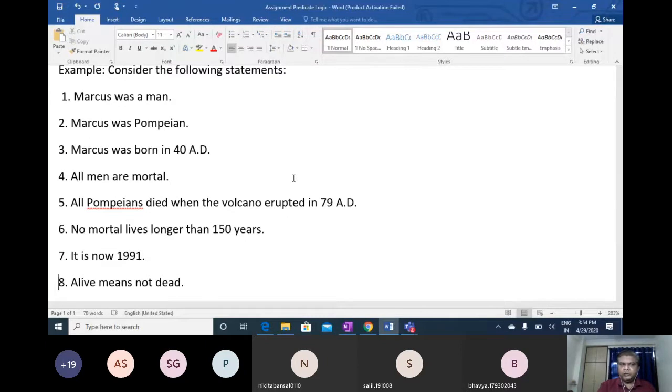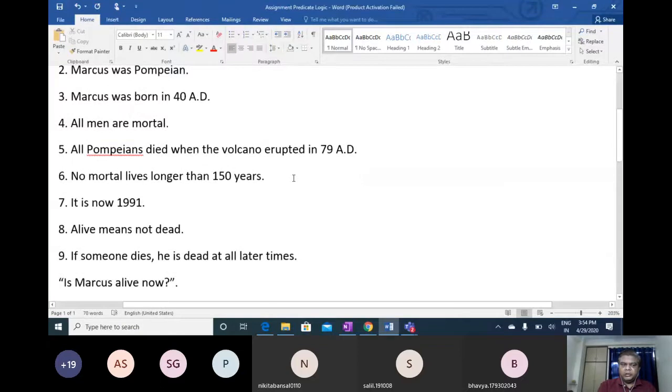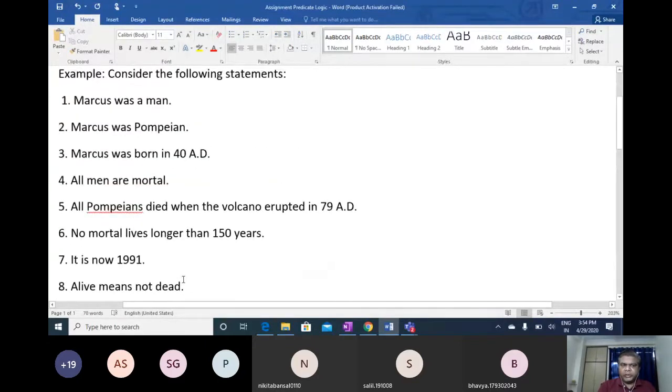Try on your own. Do this practice on your own and try to prove, is Marcus alive now? How can you do that? So first, what are the steps? You can just write down if you want. You will first convert all of these statements one by one into their corresponding predicate statements in the form of implication sign, universal quantifiers, existential quantifiers, and predicate formulas.